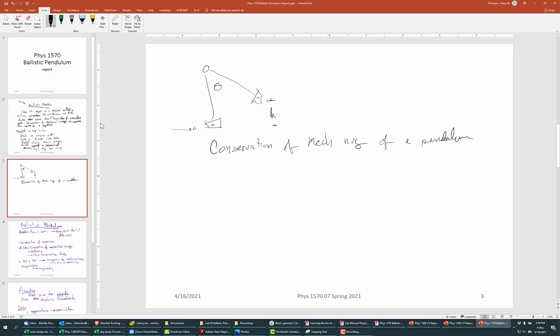So you discuss these two positions, at theta equals 0 and at theta equals plus minus max. And there's the idea of PE and KE. Of course, you then have to talk about gravity as a conservative force.